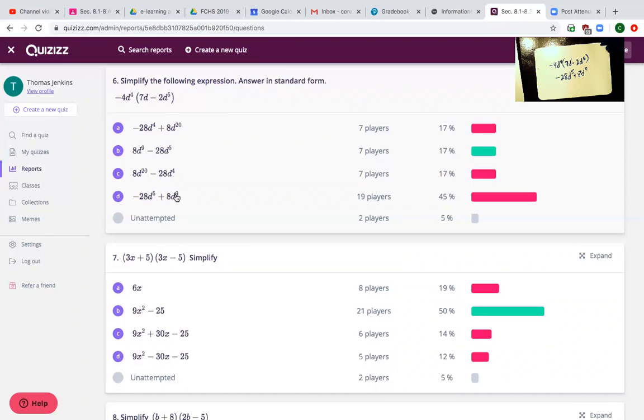Because the higher degree term is written last. So if we flip those terms around, that actually matches with answer choice B. So there was an extra kind of tricky step. This is one of those trick questions. But you should feel good about your miss if you were one of the many people who missed with answer choice D, because that's actually the same expression, just not in standard form.